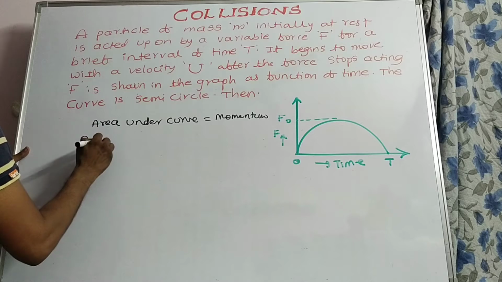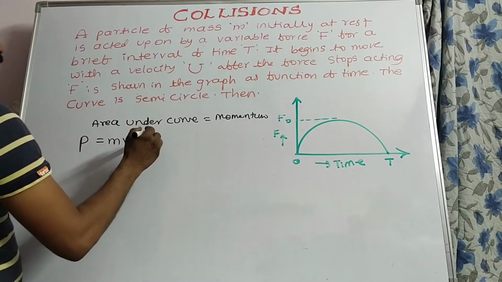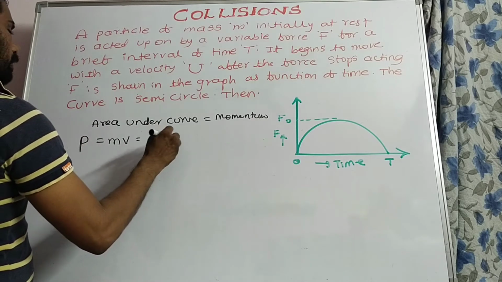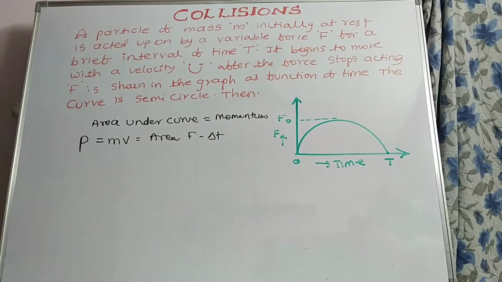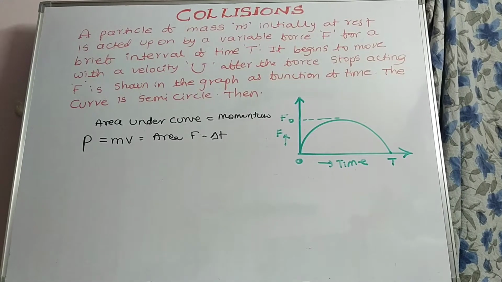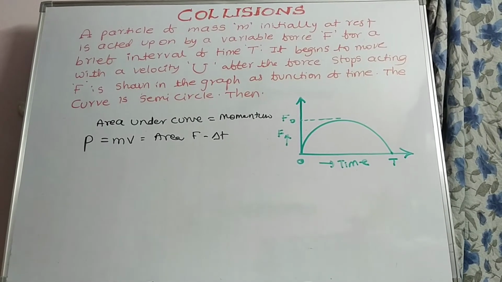Momentum P is equal to mv, which is equal to the area of F and delta t.